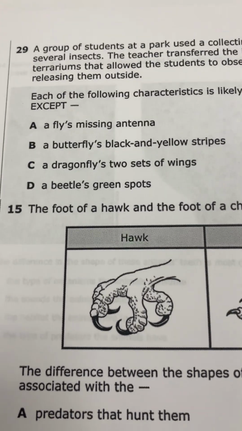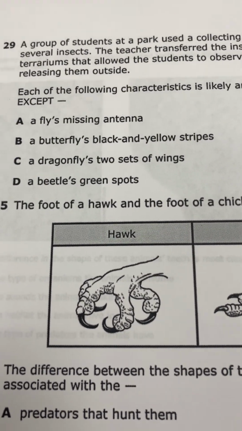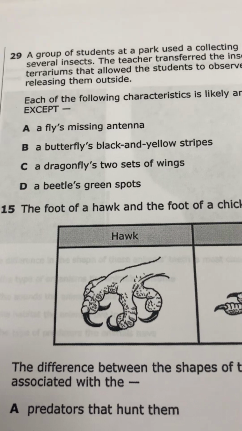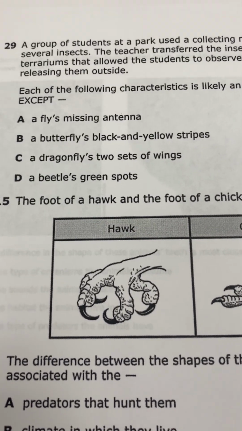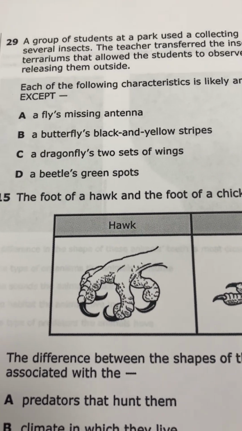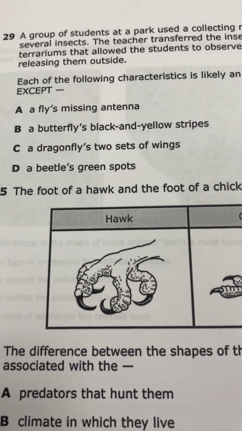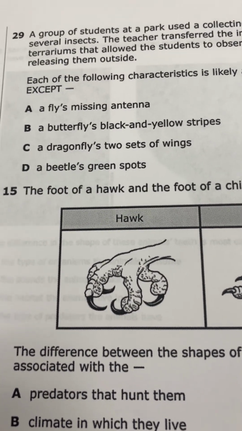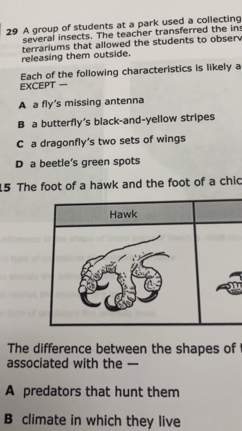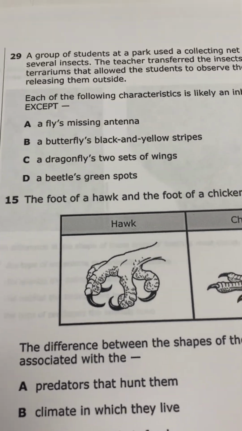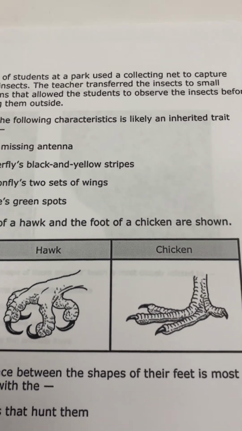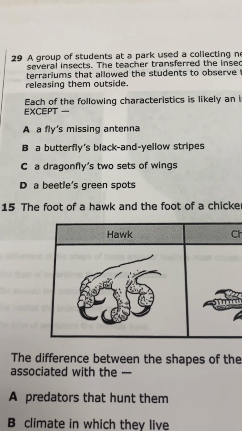Is it A, a fly's missing antenna, B, a butterfly's black and yellow stripes, C, a dragonfly's 2 sets of wings, or D, a beetle's green spots? Which one is not an inherited trait?